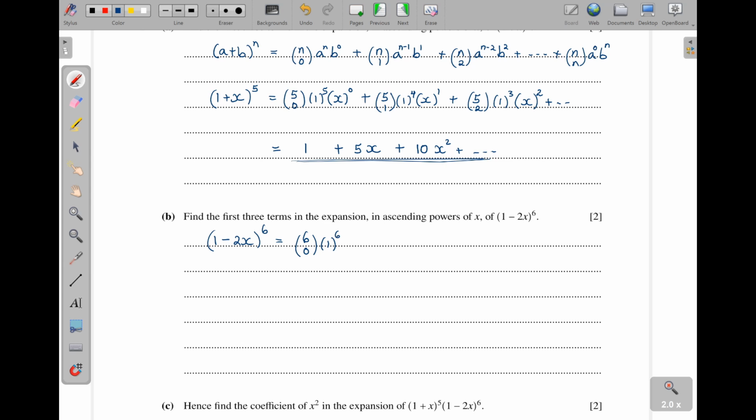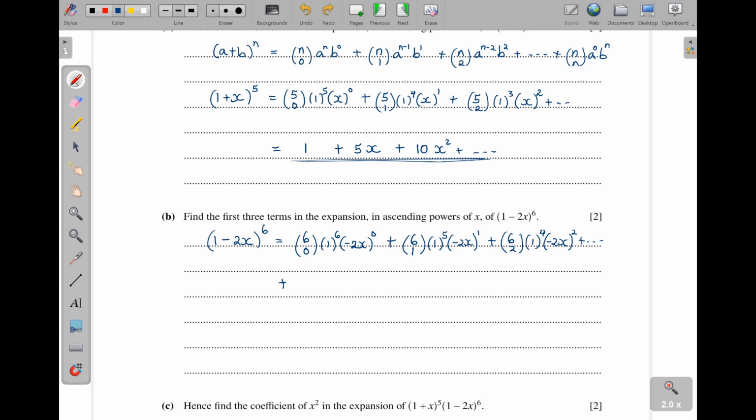Then take this minus together with this, so this term here is minus 2x. Then plus 6 combination 1, then 1 to the power of 5, then this minus 2x is to the power of 1. Then 6 combination 2, then 1 to the power of 4, and then minus 2x to the power of 2. So those are the first three terms.